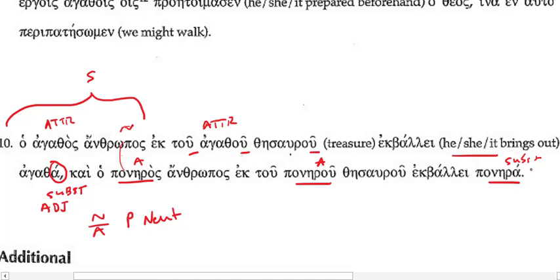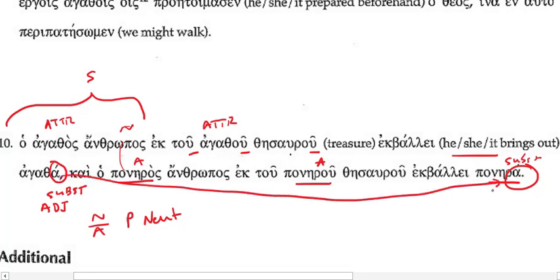Exactly. And again, that alpha is functioning the same way as that alpha, right? Accusative, plural, and neuter. By the way, this could also be nominative, plural, neuter, couldn't it? Yes. Okay. Why would we not go there in this context? Because the noun is explicit.